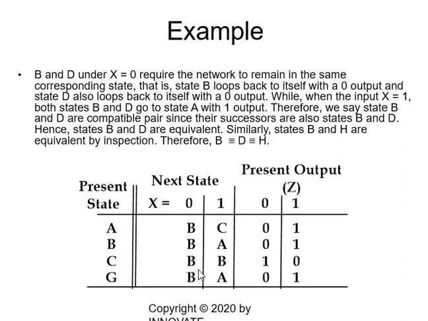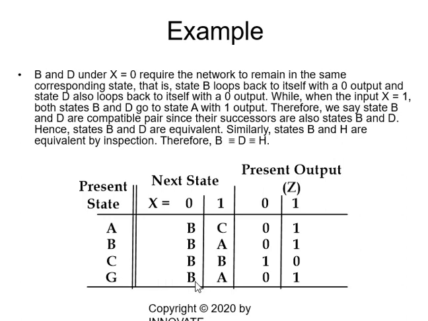What else? Let's look at this reduced table now. We have A, next state B, C. We have B, next state B, A, the same output, and we have G, next state B, A. So it is very obvious that B would be equivalent to G, because G is a redundant state.